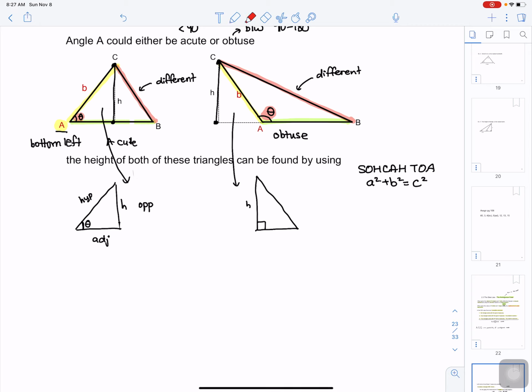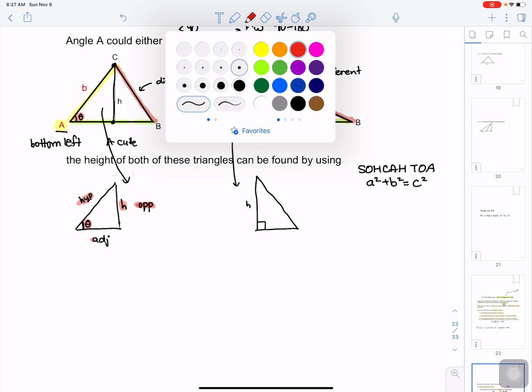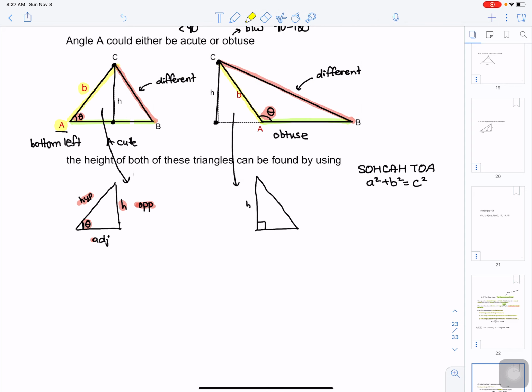So in my triangle, I'm given the theta. I want my opposite in there because that's where the h is. And I want the hypotenuse in there because my hypotenuse, this b value in the triangle, would be given. So I'm going to label my hypotenuse b, and b is given in my triangle.